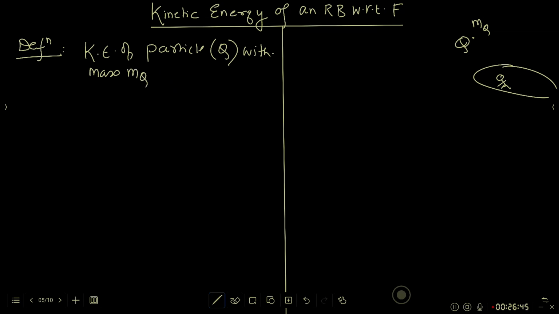Now you must be aware of the definition of kinetic energy for a particle, but I don't know how many times you paid attention to the fact that even for a particle the kinetic energy is actually frame dependent. So this phrase is required. This will be the kinetic energy of the particle.